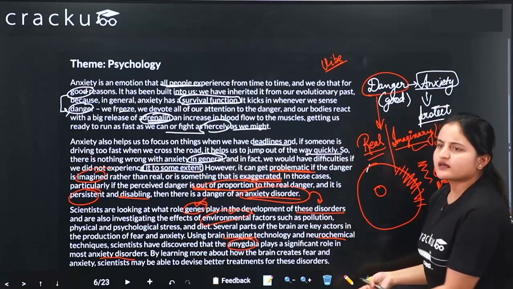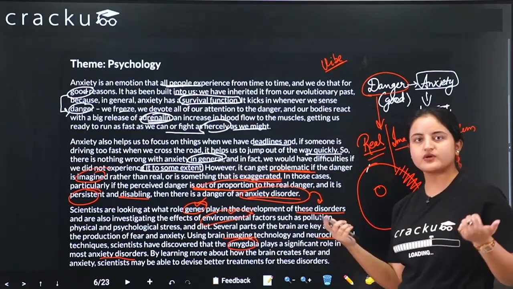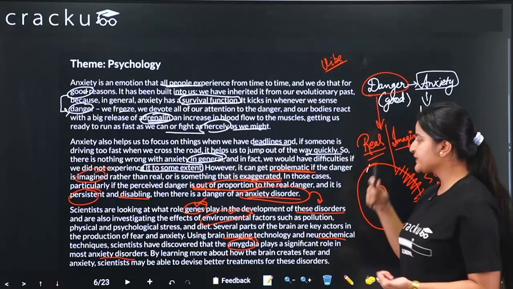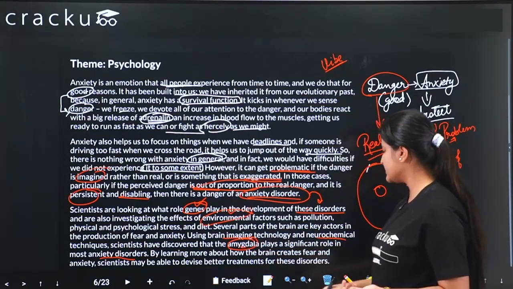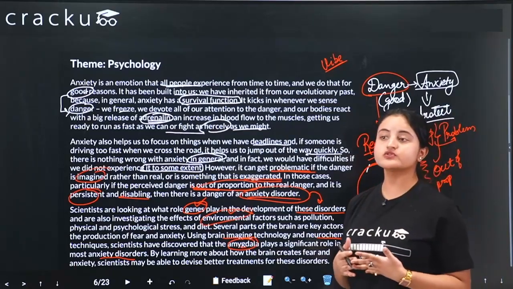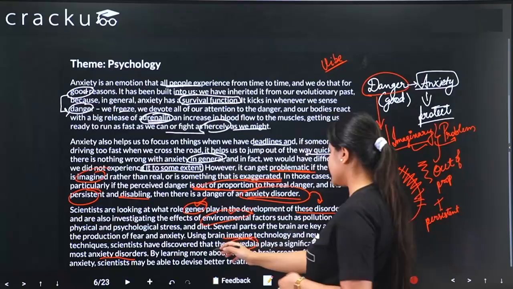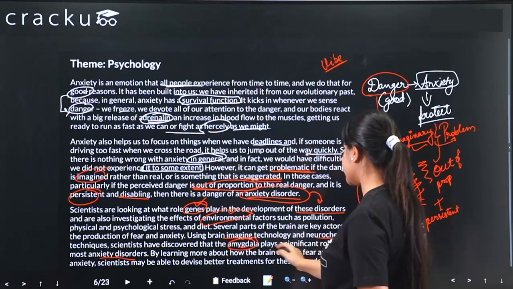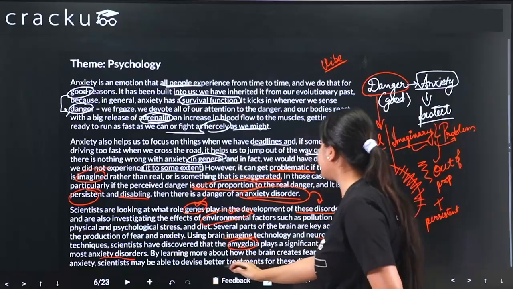So through this paragraph, the author is basically trying to say that the scientists are trying to study these disorders. They have figured out through various techniques that the amygdala is the portion that plays the most significant role in anxiety disorders.